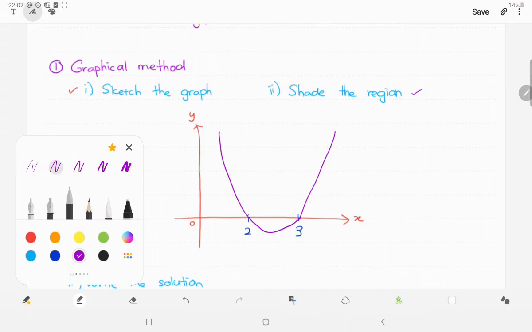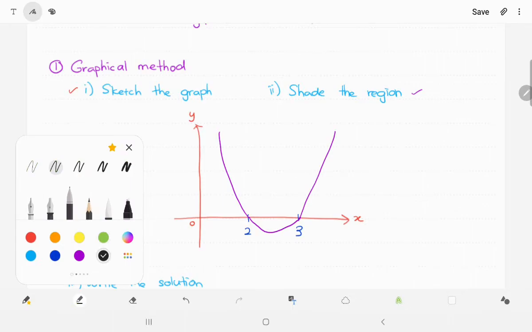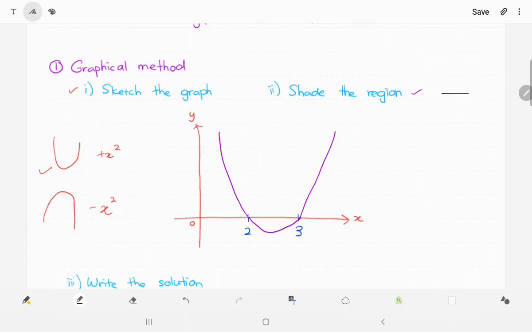Okay, so how to shade the region? As I mentioned, if you want to shade the region, first thing first, you need to look at the inequality sign. So if you have y greater than 0, then you will shade above the x-axis.